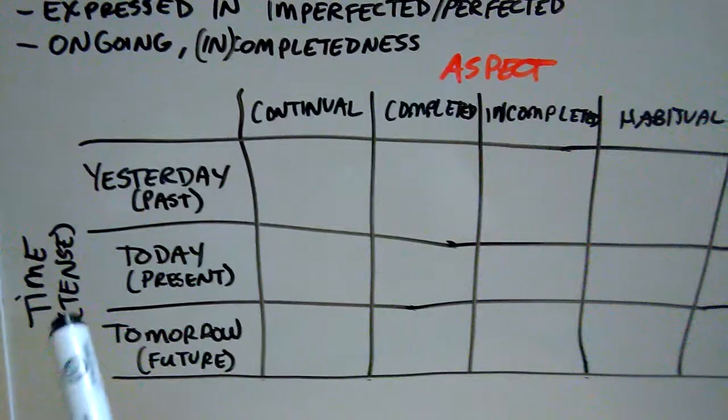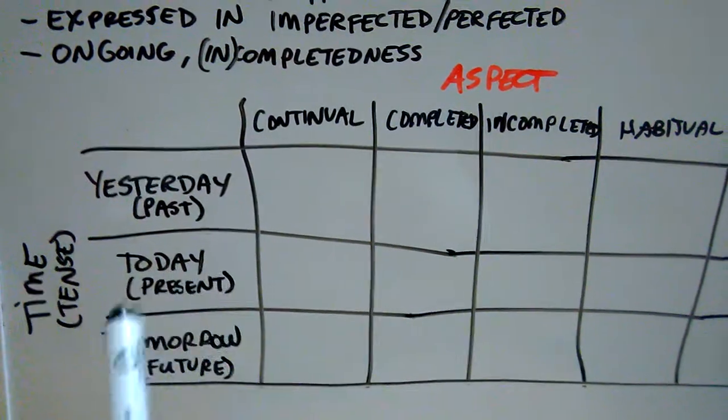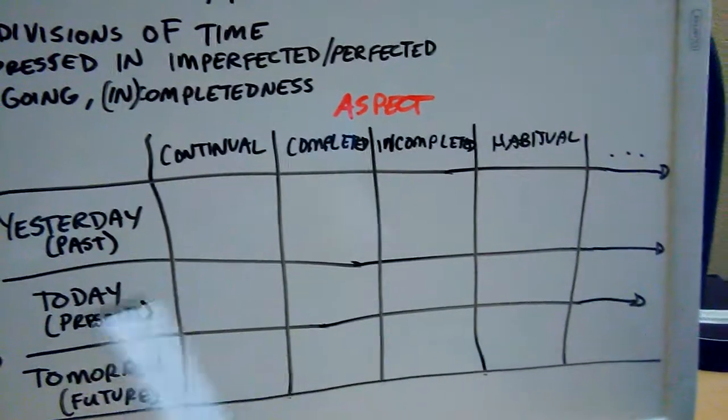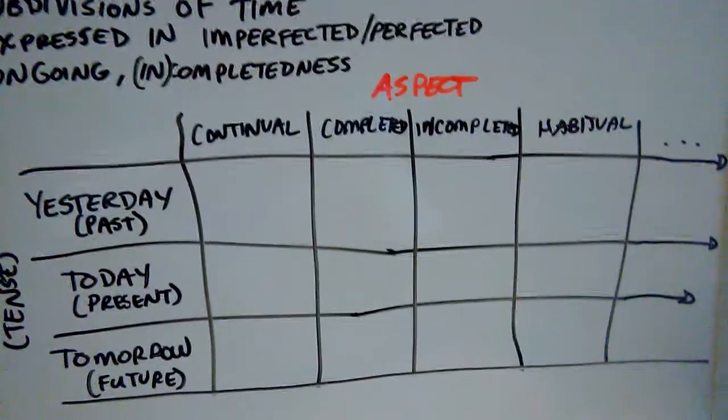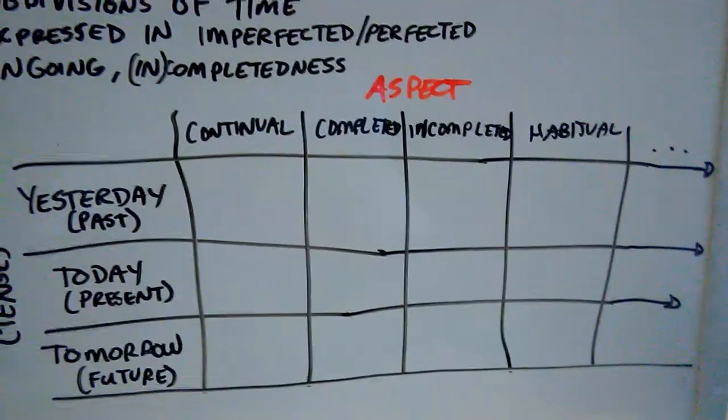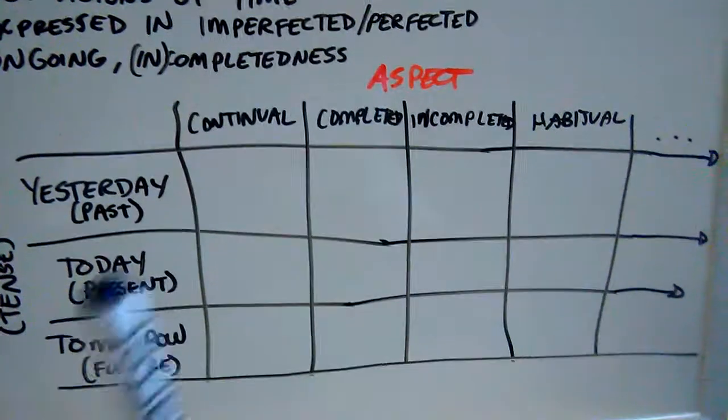Time here I wrote as tense, because time is the tense it was done. Likewise, I wrote the arrows because time keeps moving. It is not a non-stopping concept.